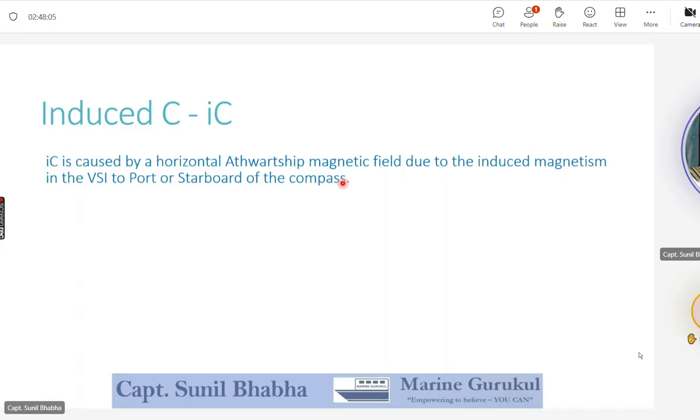So you see in this case, it is very similar to coefficient IB. IB was caused because of a vertical structure which is forward or aft of the compass, and IC is caused because of a vertical structure which is port or starboard of the compass.